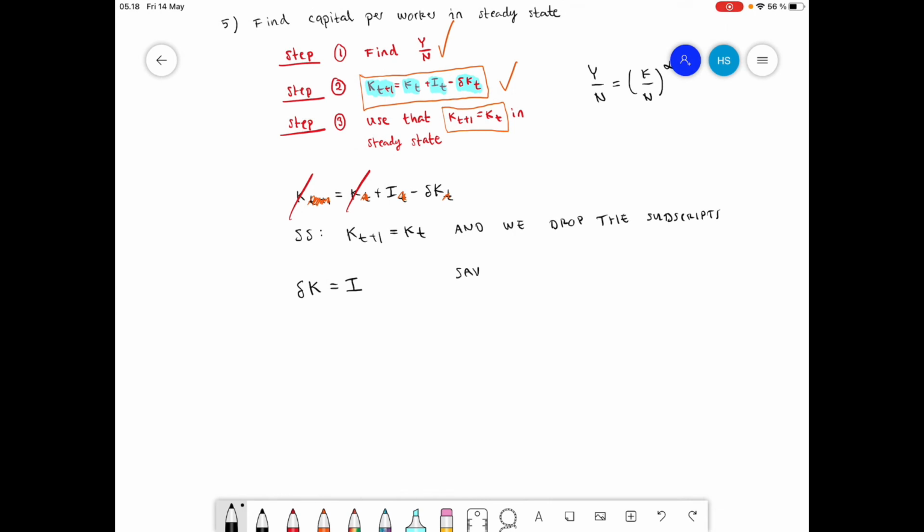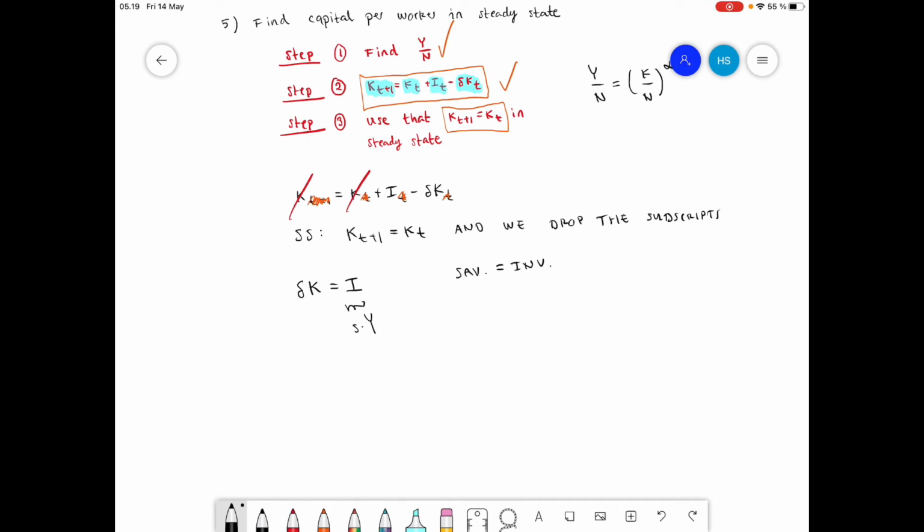Since we are in a closed economy, we know that savings is equal to investments. Instead of writing investments, we can simply write total savings. Total savings must be equal to total output times the savings rate, which is between 0 and 1.